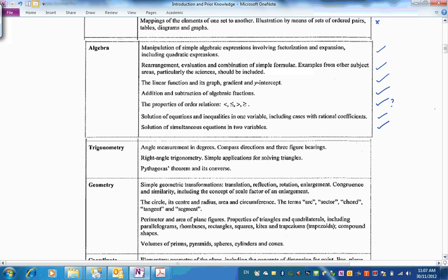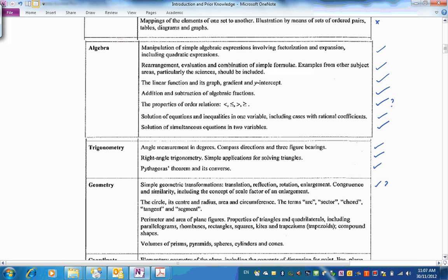That's not too bad. What about trigonometry? Angle measurement in degrees, compass directions, yes, usually. Right-angled trigonometry, SOHCAHTOA, and that sort of thing, sine and cosine, simple applications, yes. Pythagoras, yes, that should be okay. Geometry, simple geometric transformations, translation, reflection, rotation, enlargement, congruence and similarity.